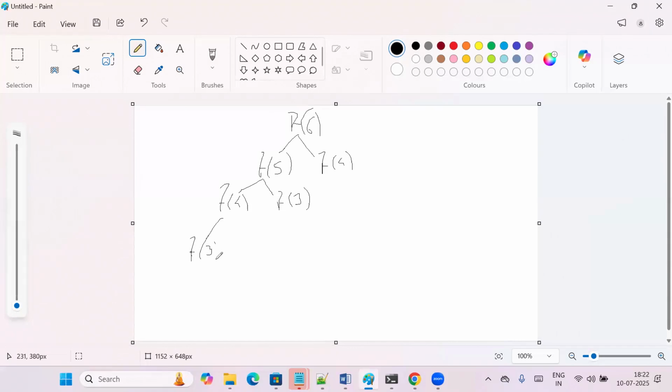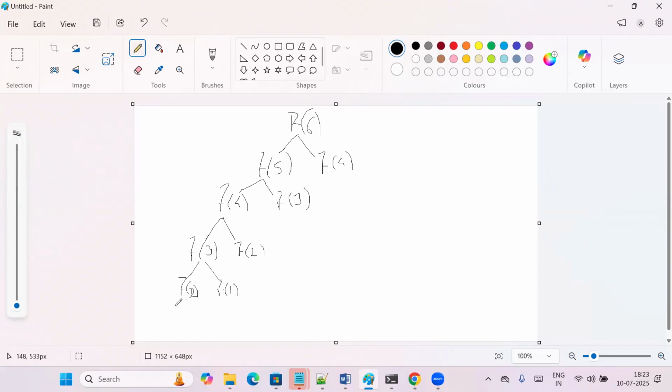This is f of 3 and this is f of 2. Now again here you have f of 1, and sorry, here you will get f of 2 and you will get f of 1, correct?